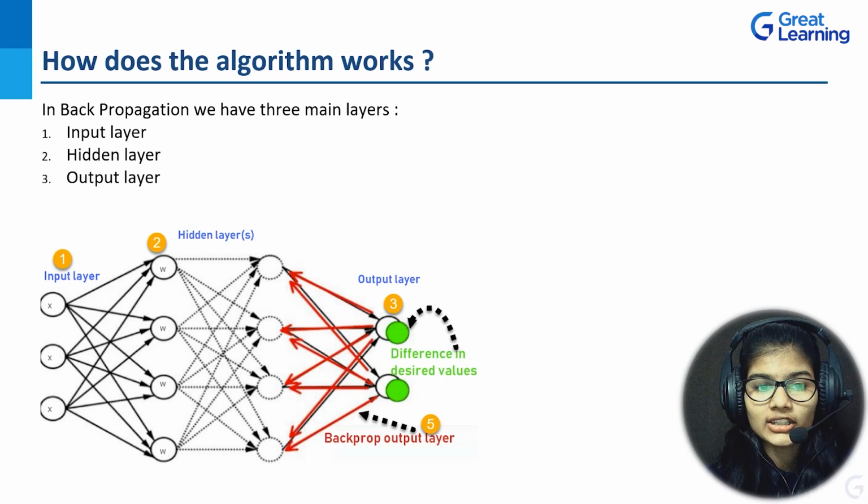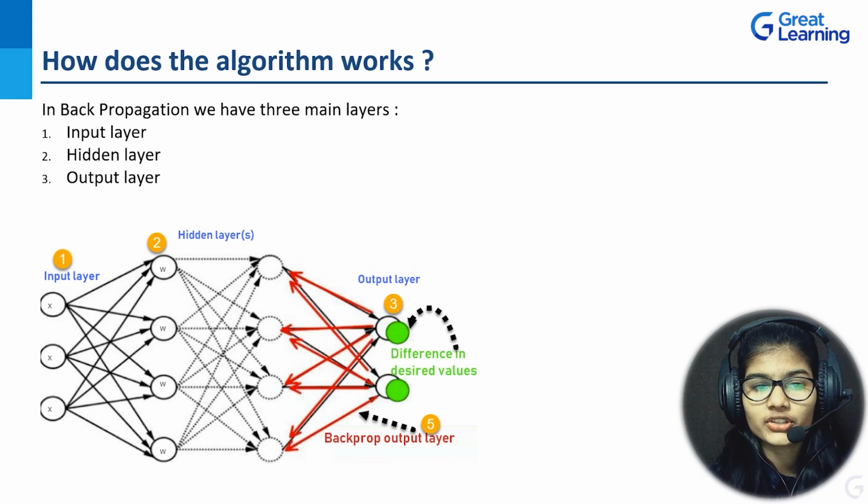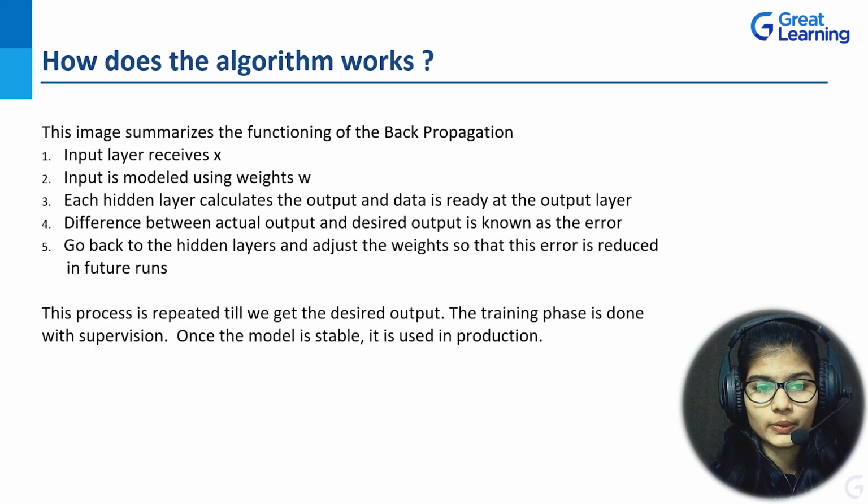Okay, and the process is repeated till we get the desired output. This procedure is repeated up till the point you get your desired output. Till the time you don't get it, this procedure is completely repeated.